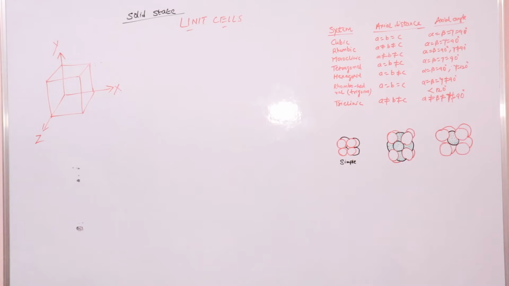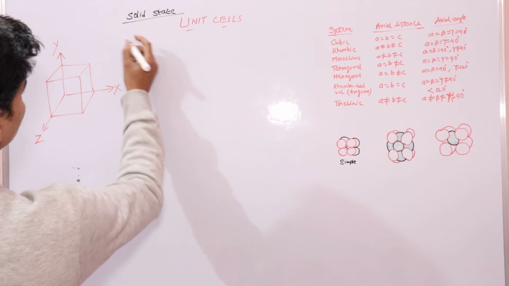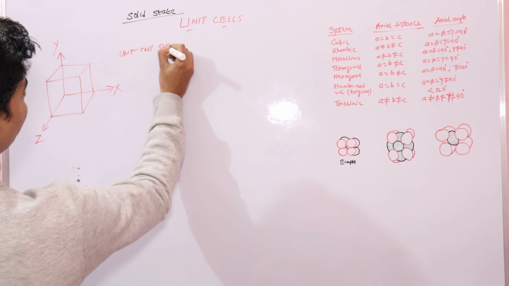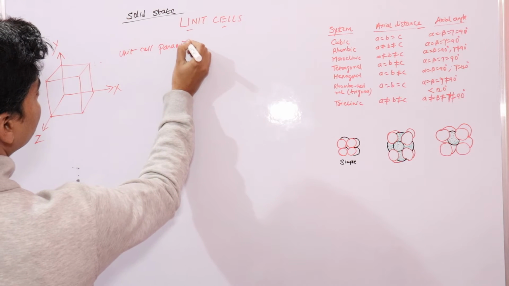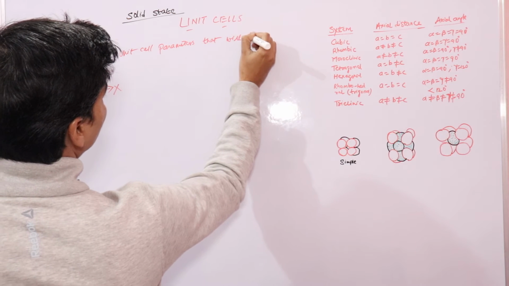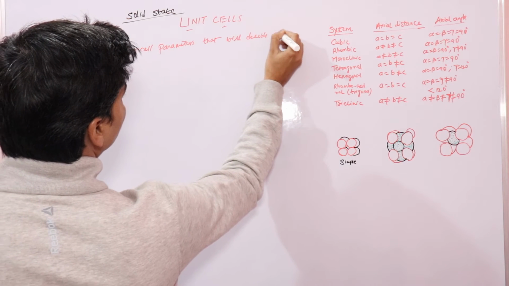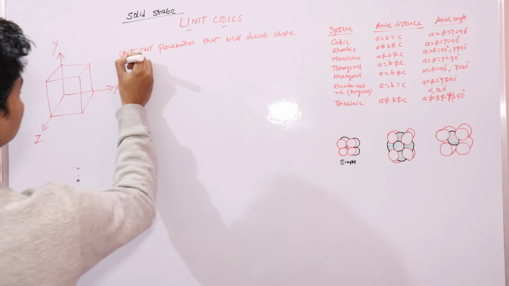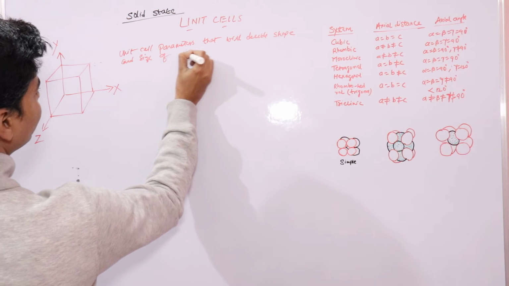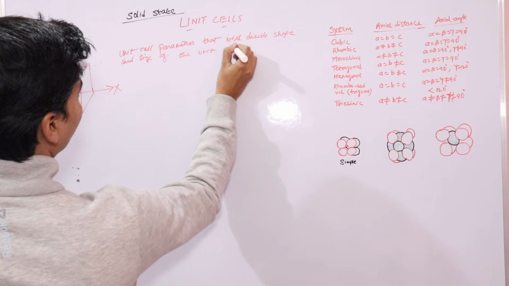So a unit cell is characterized by parameters that will decide the shape and size of the unit cell.